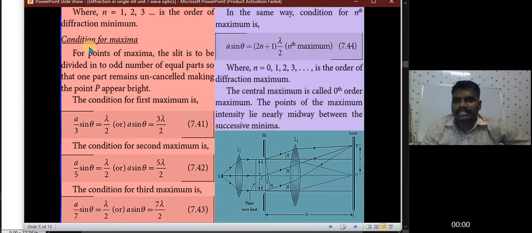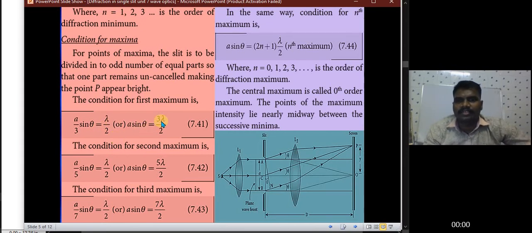Now the second condition is the condition for maxima. For a point of maxima, the slit is to be divided into an odd number of equal parts, so that one part remains uncancelled, making the point P appear bright. The condition for the first maximum is a by 3 sin theta equal to lambda by 2, because this is an odd number.